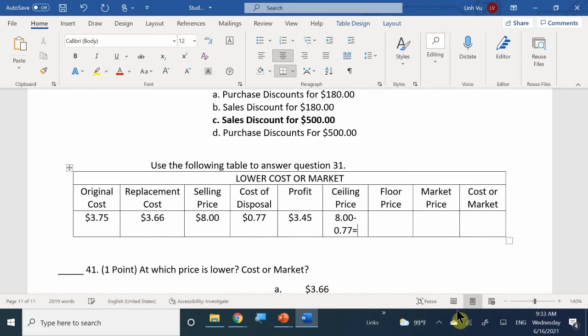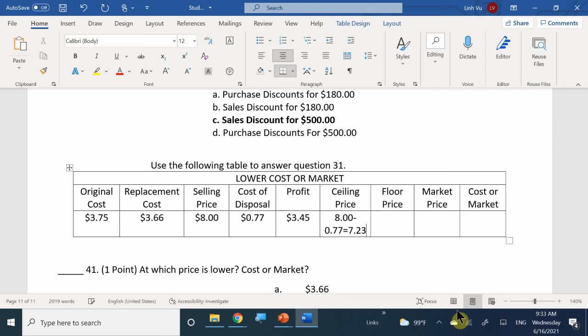And what do I get as my ceiling price? $7.23. Okay, $7.23. What about my floor? How do I determine what my floor is? You take the ceiling minus the profit. So $3.45. And what is my floor? $3.78.